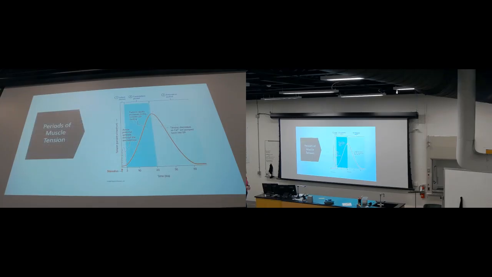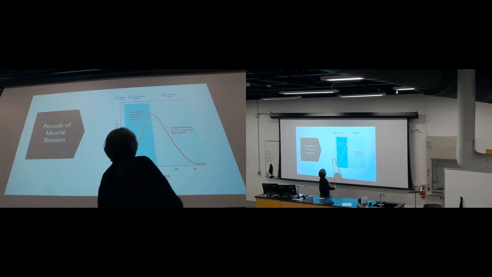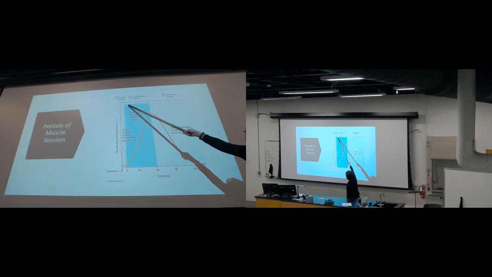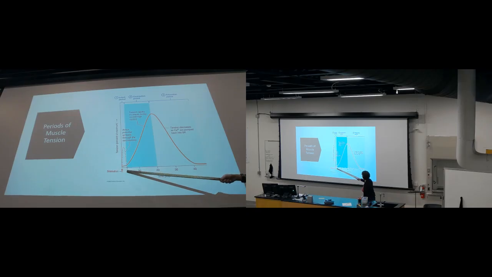So here then are the periods of tension. Here is the percentage of tension, and the stimulus starts from time 0 up to 40 milliseconds. Latent is when the action potential spreads through the sarcolemma.